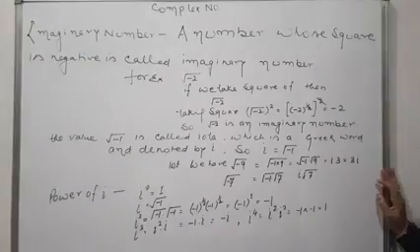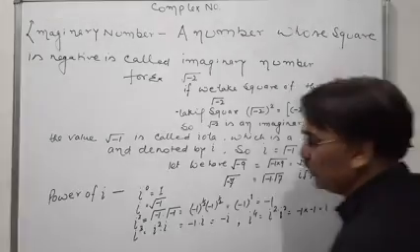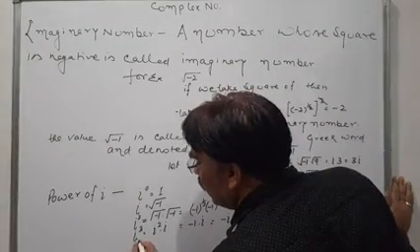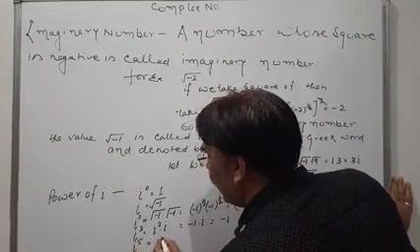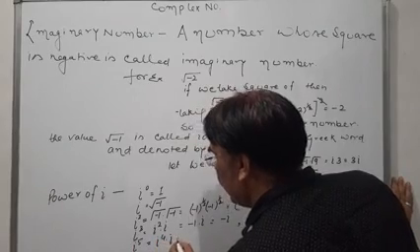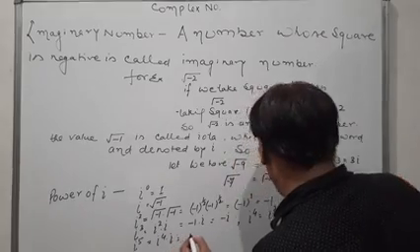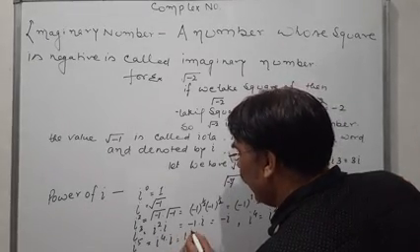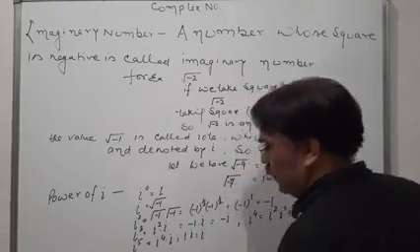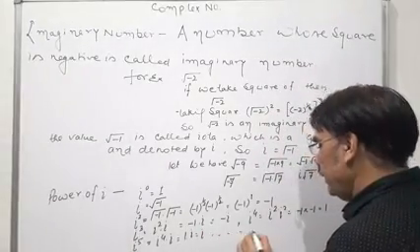So the value of i to the power 4 is 1, which is real. i to the power 5, we can write i to the power 4 into i, and i to the power 4 is equal to 1, so 1 into i is equal to i. So we can proceed this way.